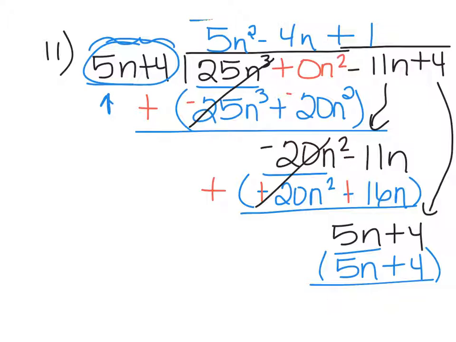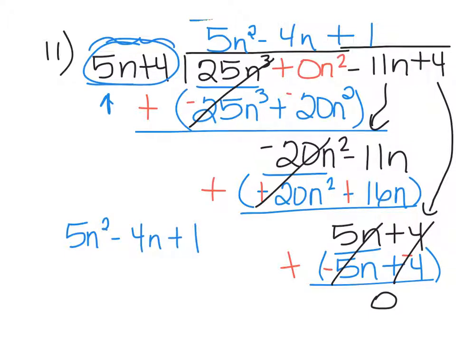And I need to subtract all of that, which is the same thing as adding the opposite. And notice how these guys all cancel. I have a 0 remainder. So my answer is going to be 5n squared minus 4n plus 1 with no remainder. So this is it.